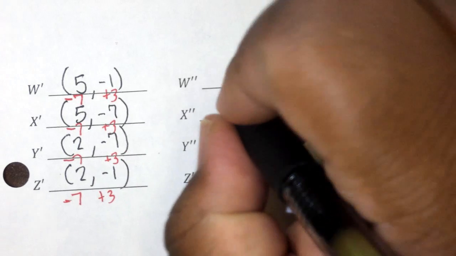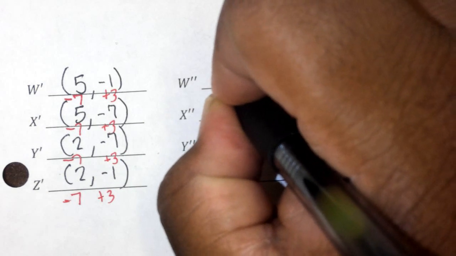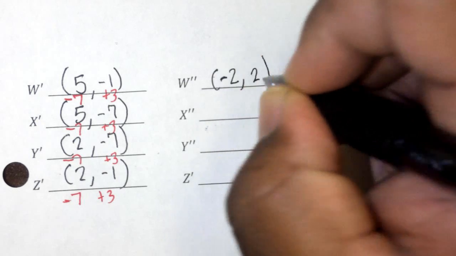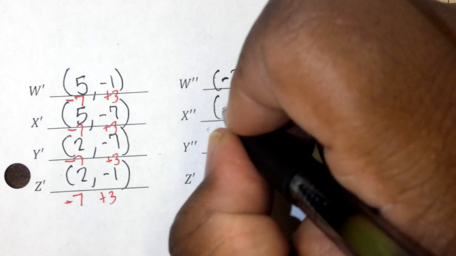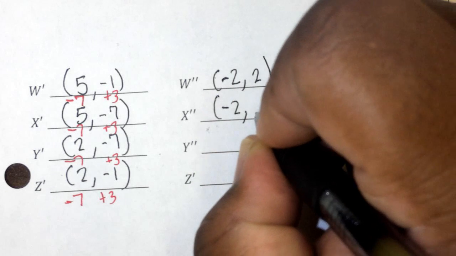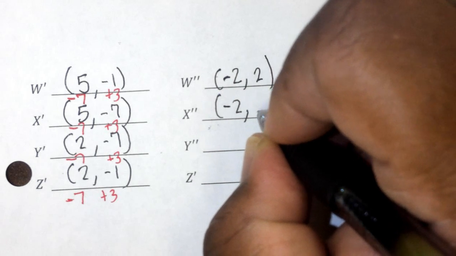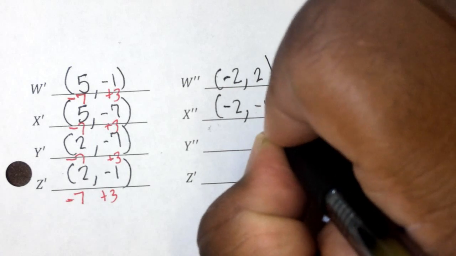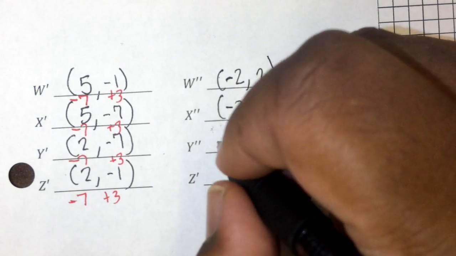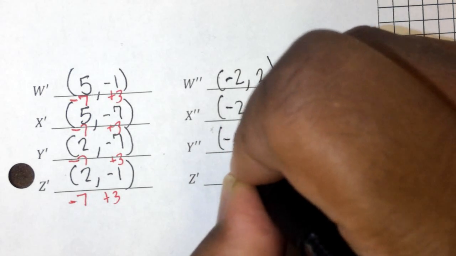Five minus 7 is -2, and -1 plus 3, and then -5 minus 7. Some of these numbers are going to be the same. -7 plus 3, -4. Then you get 2 minus 7, excuse me, -5.